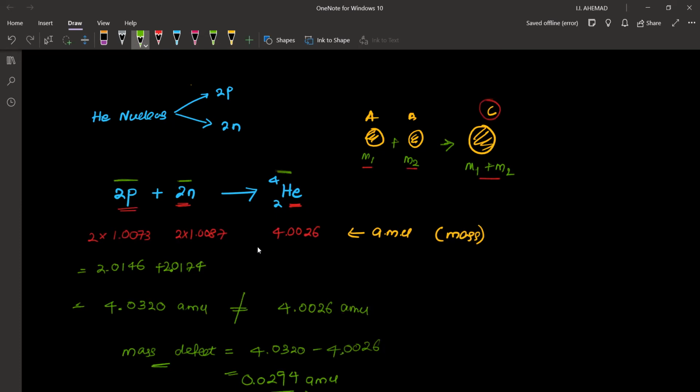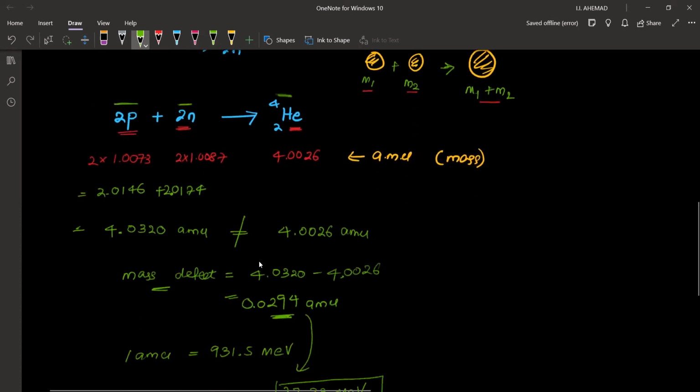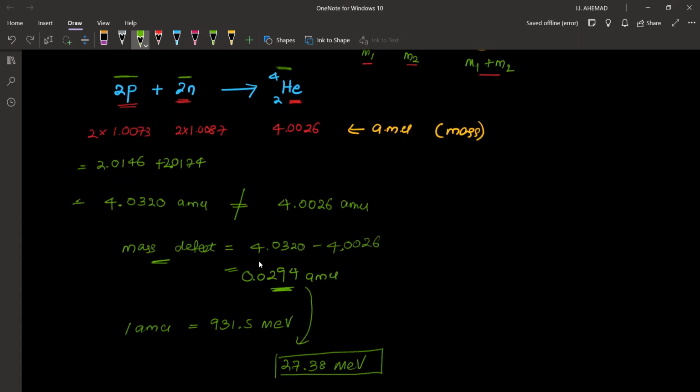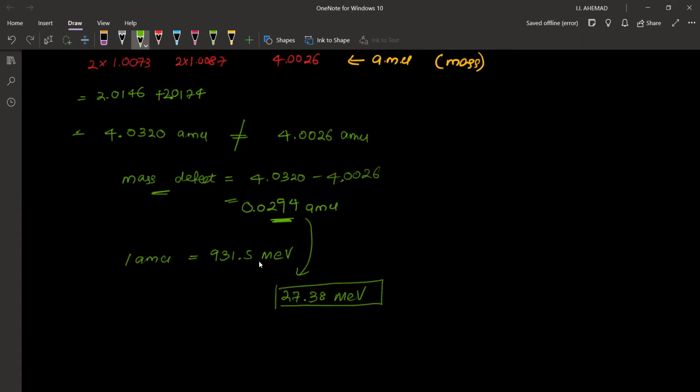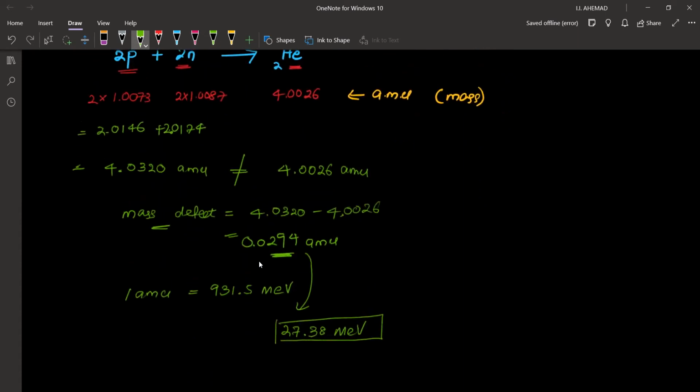There is a difference in mass. So we find out how much mass is missing, and the idea is this amount of mass has been converted as bond energy between those nucleons. So when we calculate, we got this amount of energy. Is it clear?